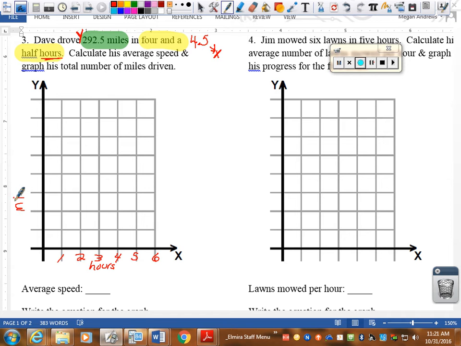So the side is going to represent miles. But we got to make it to almost 300 up the side. So counting by ones or twos or something like that's not going to work. Counting by tens is not going to work. Okay? Now, what do you count by?